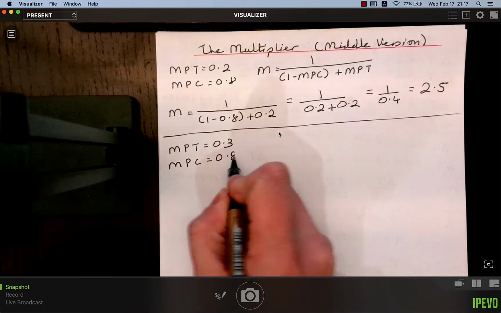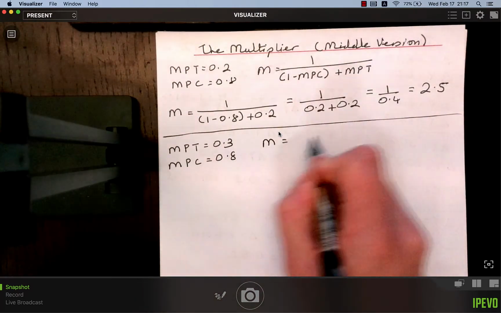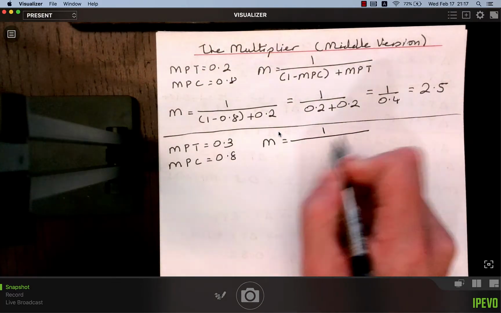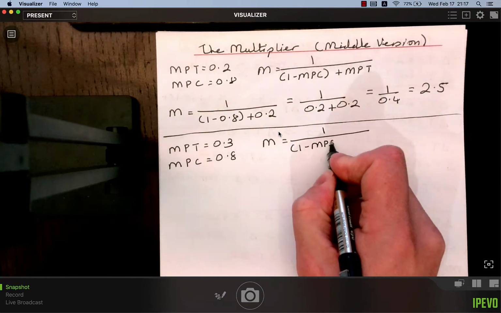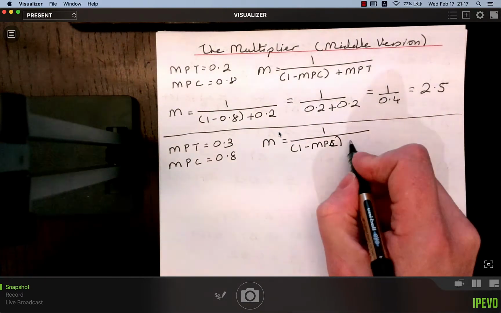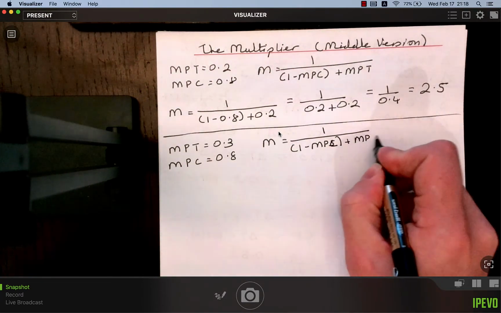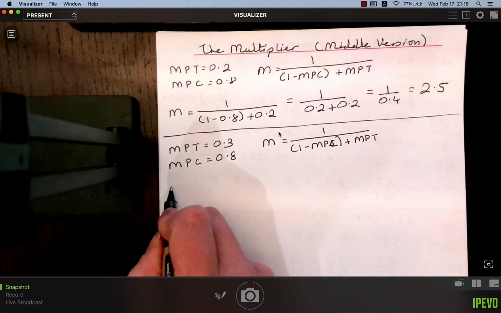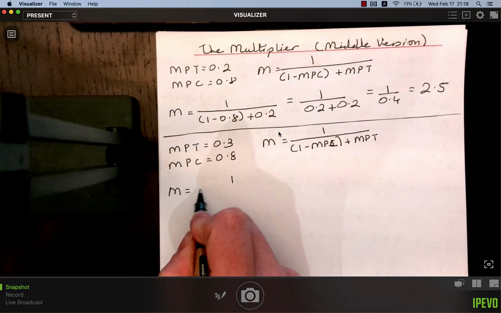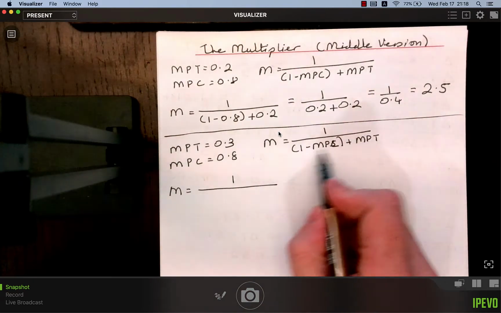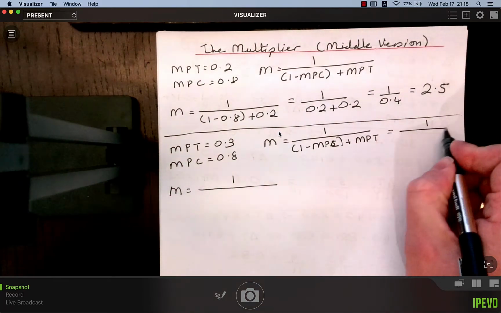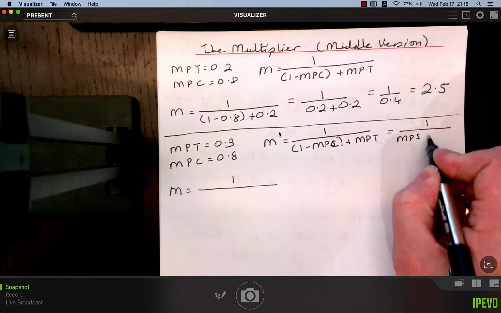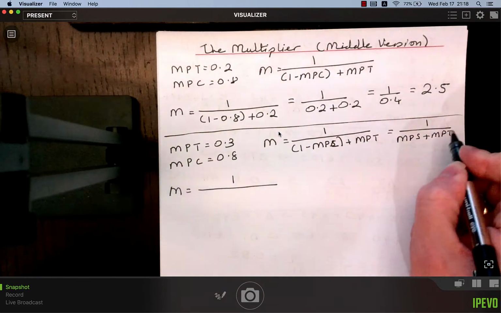The multiplier again, no harm in just writing it out every single time: 1 minus the MPC, which is the MPS. Now, the multiplier in this question is the same as 1 over MPS plus MPT, so it's equally valid to write it that way, and you find actually in the IB a lot of the times that's the way you'll be given it.